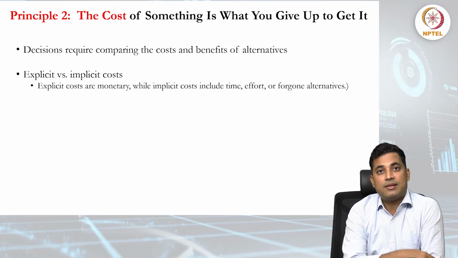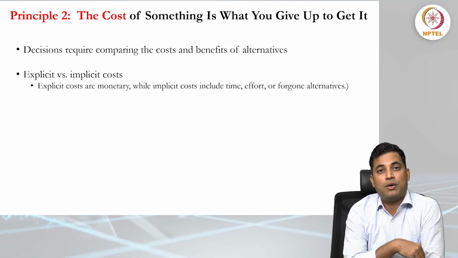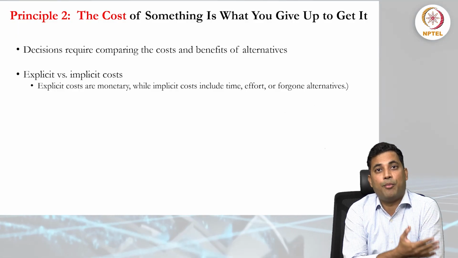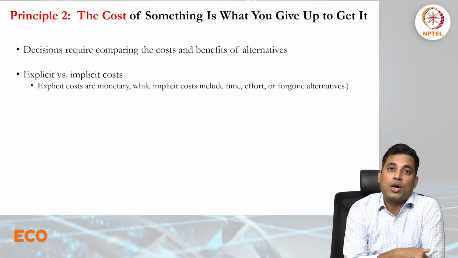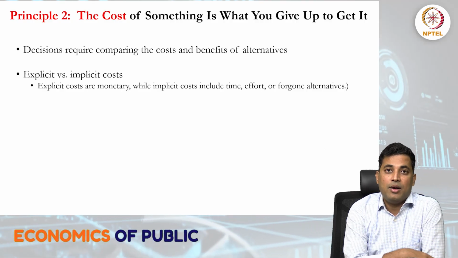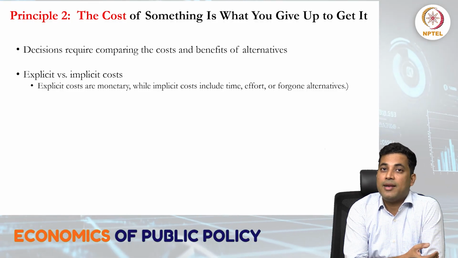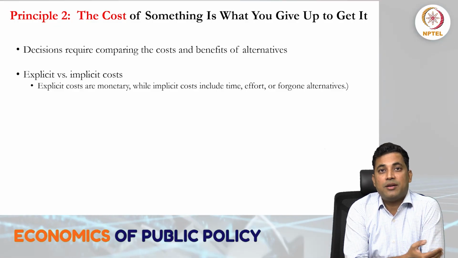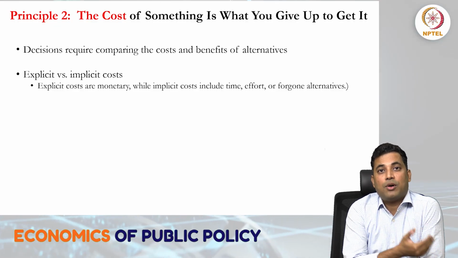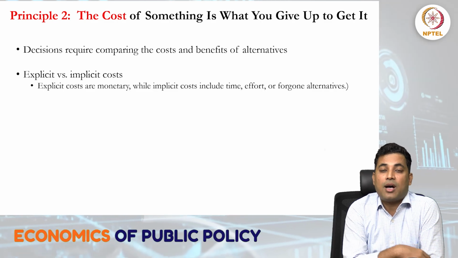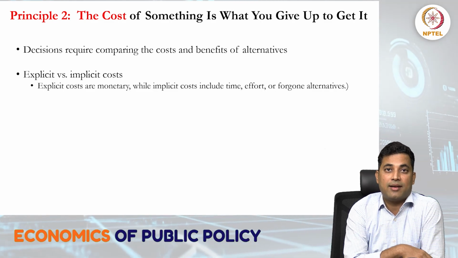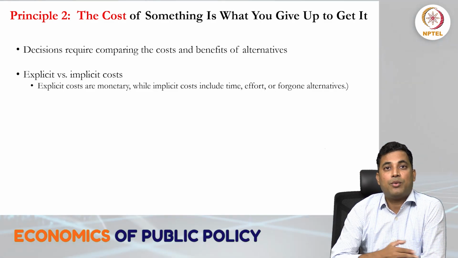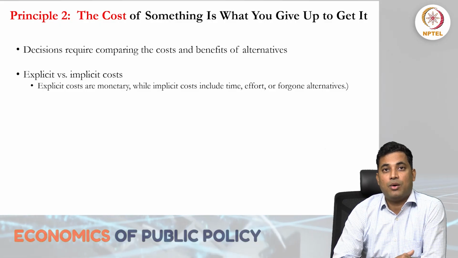Now the question is, when we understand cost in a broader way, and talk about implicit cost, we have to consider time, our energies, and also our motivations. Those are also to be considered as implicit cost, like what we are giving up in order to get something extra.